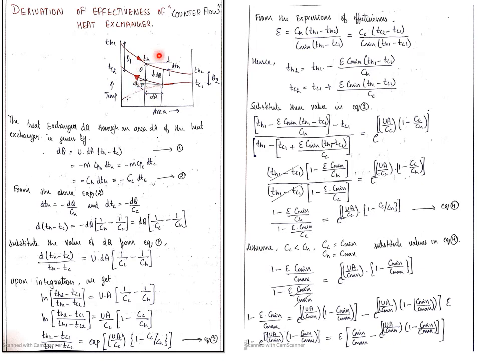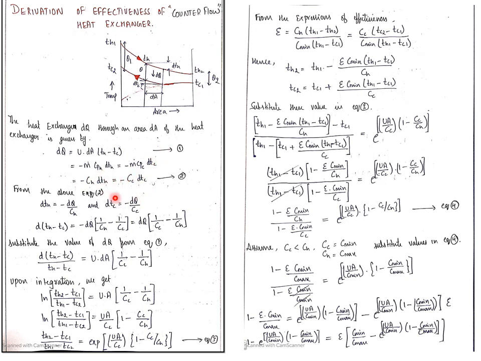Similar to that parallel flow derivation, this is the counter flow derivation. The procedure remains the same. The only difference is the inlet temperature difference here is Th1 minus Tc2, whereas the outlet temperature difference is Th2 minus Tc1.